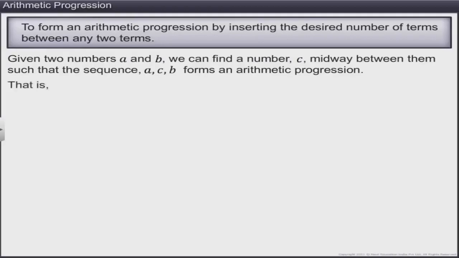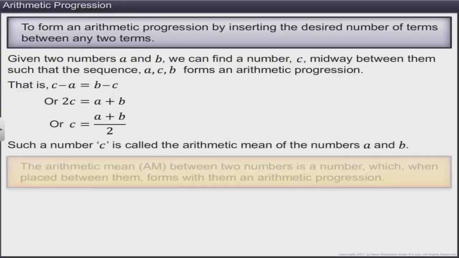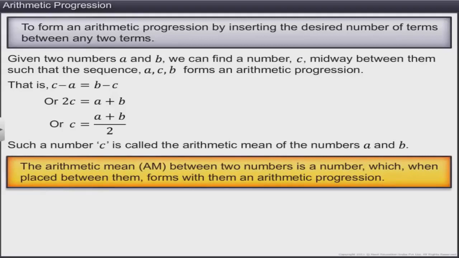That is, we can find a number c such that c minus a is equal to b minus c, or c is equal to (a plus b) upon 2. Such a number c is called the arithmetic mean of the numbers a and b. Mathematically, the arithmetic mean between two numbers is a number that, when placed between them, forms with them an arithmetic progression. It is denoted by capital AM.